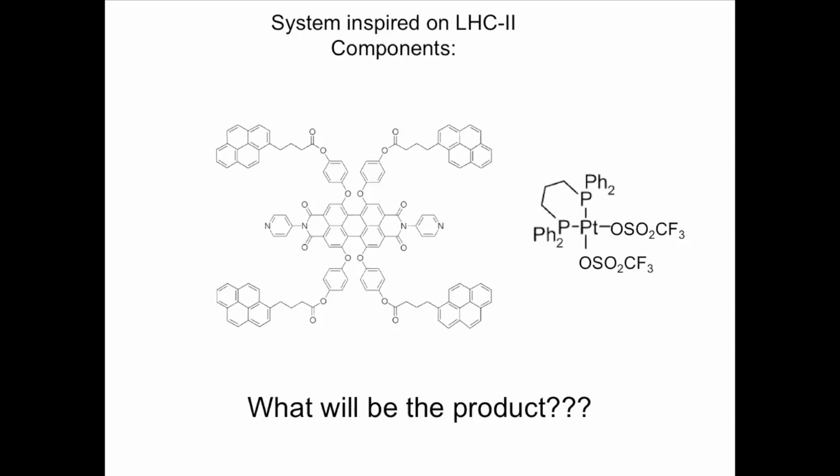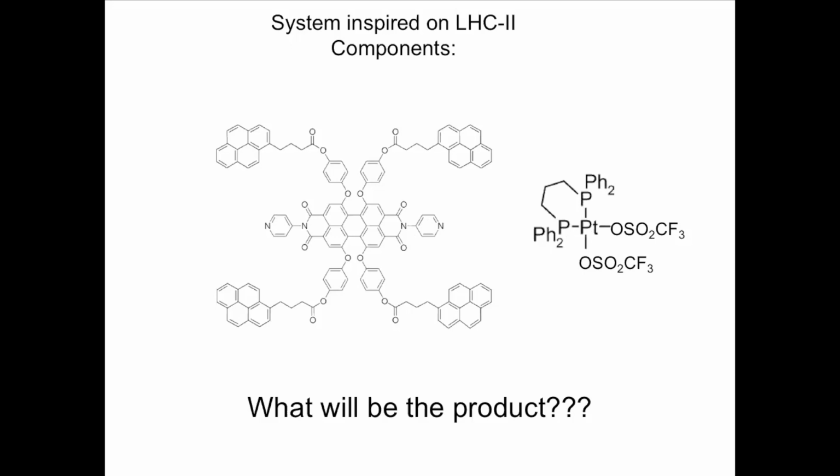Or what kind of interactions do you expect to play a big role? Any suggestions here? Metal ligand coordination. Yeah, of course, metal ligand coordination. And what is the metal and what is the important part of the ligand? Platinum is the metal. Yeah, here we have the platinum metal. Here we have the pyridine. The platinum coordinates in a square planar fashion.